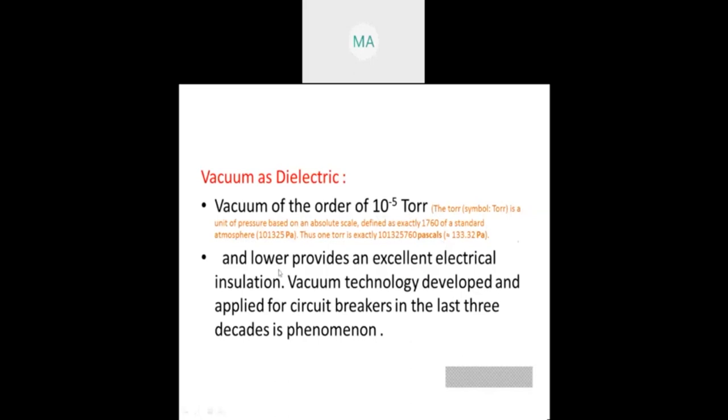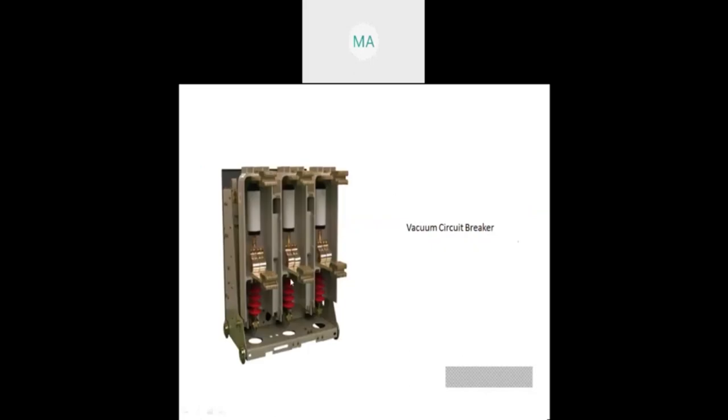In the vacuum circuit breaker, vacuum is the dielectric medium, at a pressure on the order of 10 power of minus 5 torr. The torr is a unit of pressure related to the Pascal. Compared to standard atmospheric pressure, it is 10 power of minus 5 torr. It provides excellent electrical insulation compared to gases or liquids.